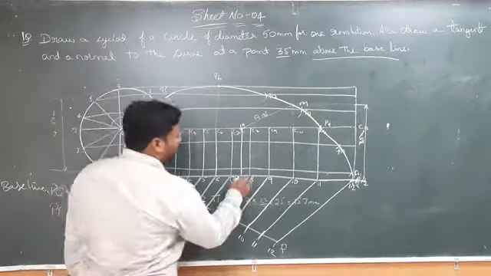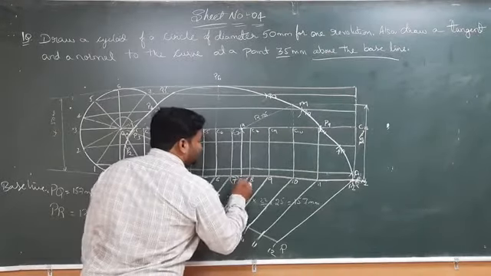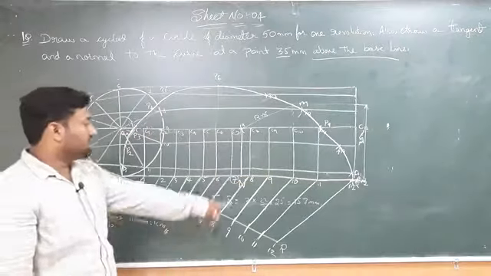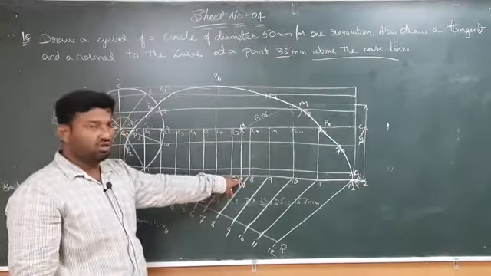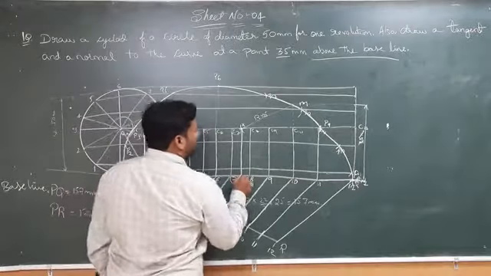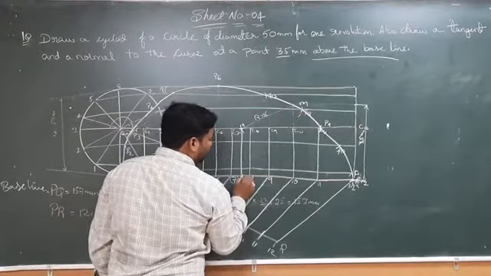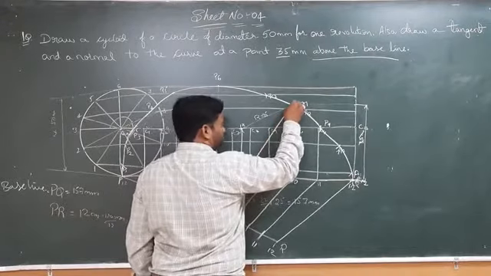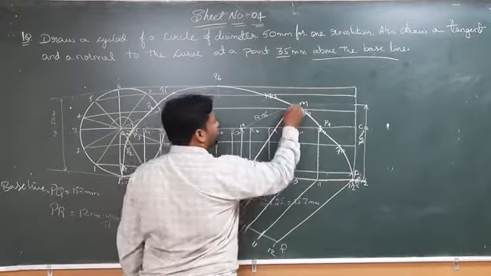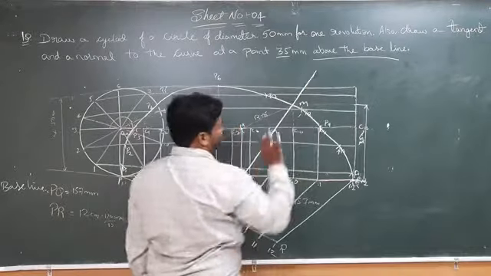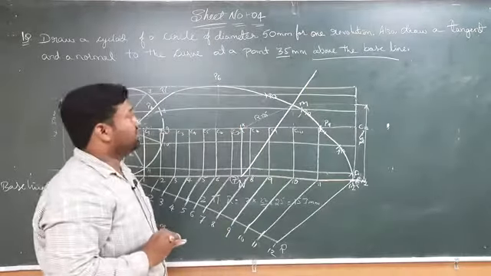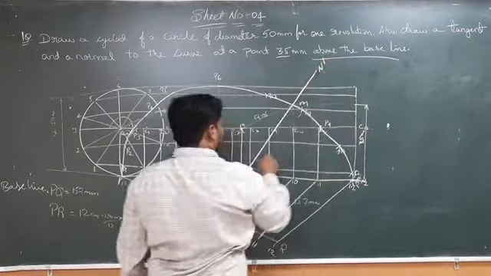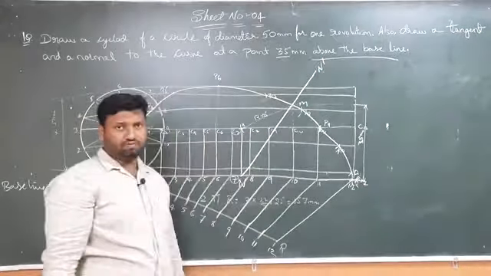After that, this point is nothing but the starting point of the normal, and I have to draw a line passing from the M point. From N I am joining to M, and I am extending it somewhat here. So this is nothing but N dash. Here I got the normal.